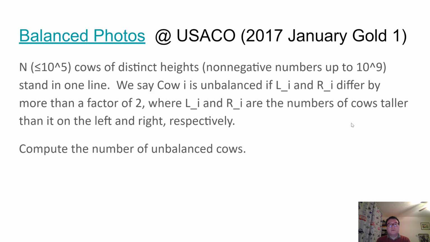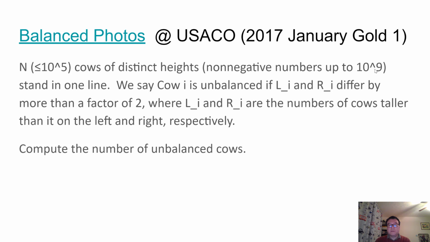Once we figure out Li, we can compute Ri, because we can easily compute by sorting the cows how many cows in total are taller than this. If in total there are 5, and 2 are on the left, then the other 3 must be on the right.